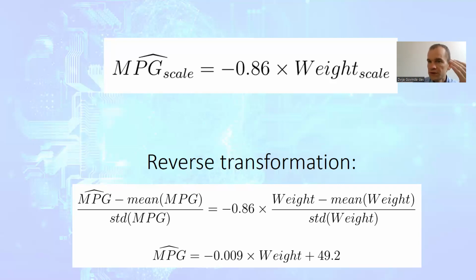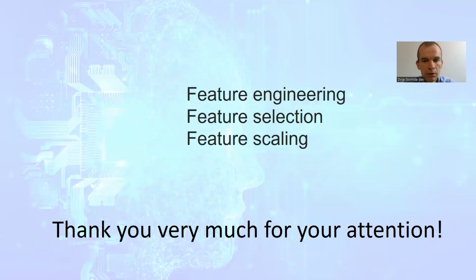So feature scaling is very important, and it will also be used in many more situations, which we will consider in the future. So this is what I wanted to say about important aspects of machine learning such as feature engineering, feature selection, and feature scaling. Thank you very much for your kind attention.